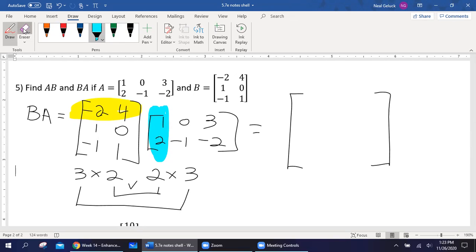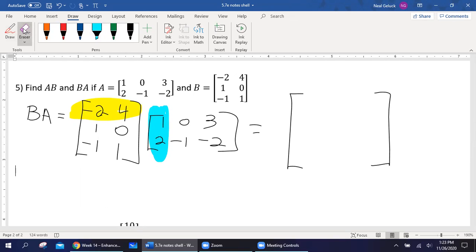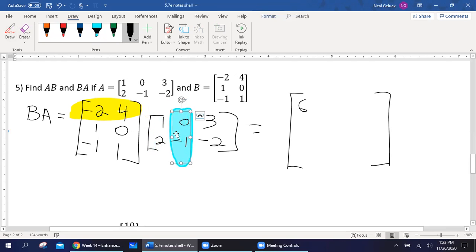Okay, I'm going to go a little faster now and not write out all the individual calculations, but I'll talk through them real quick. So negative 2 times 1, 4 times 2, add those together, 6. Move to the next column.